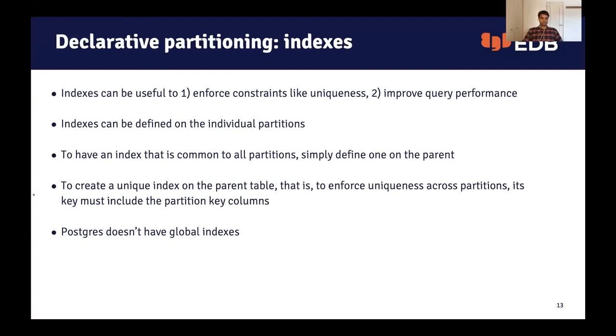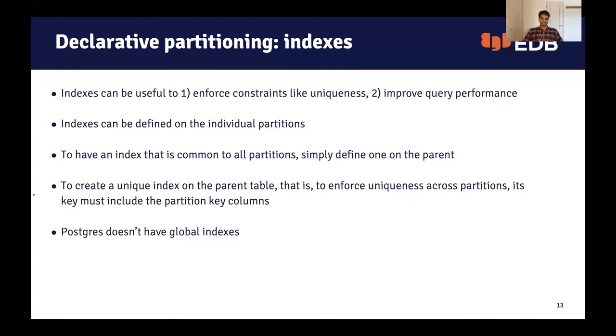As for the unique constraints, which are implemented using indexes, things get a bit complicated. You have to ensure that the unique key contains the partition key, if you want to ensure uniqueness across all partitions, so you would create an index on the parent table to do that, and you have to make sure that you include the partition key, or otherwise you can't create a unique constraint that spans all partitions.